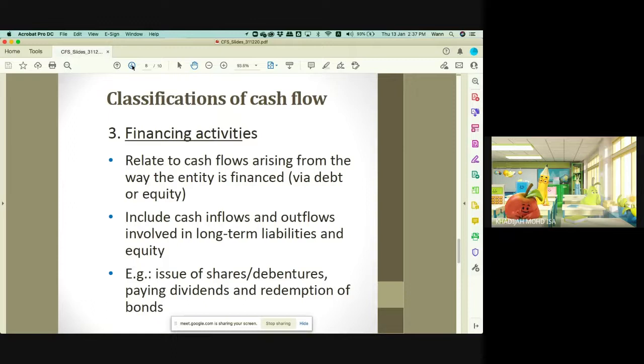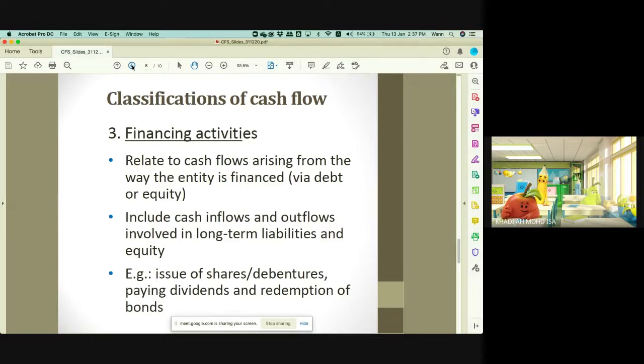Or you're talking about equity, so anything to do with the shares will be shown in the financing activities. It also includes the cash inflow and outflow involved in long-term liabilities and equity. The long-term liabilities here refer to your debentures, because these long-term liabilities are used to finance the business. That's why it shows in the financing.